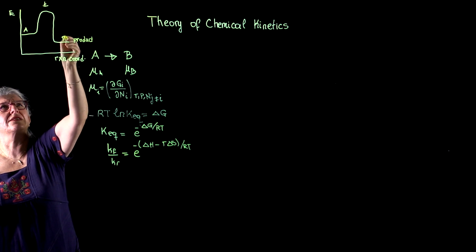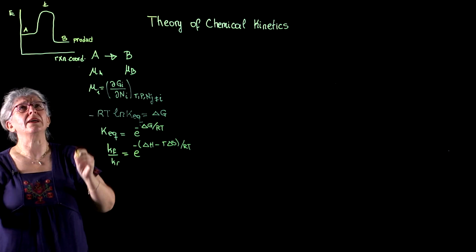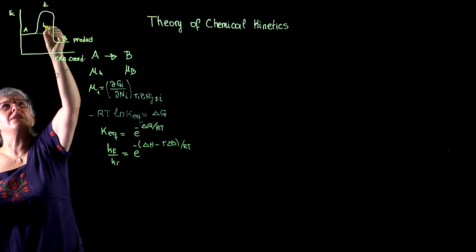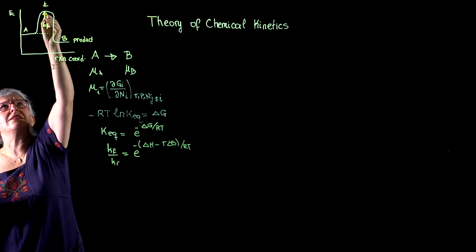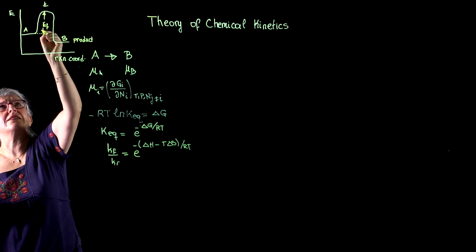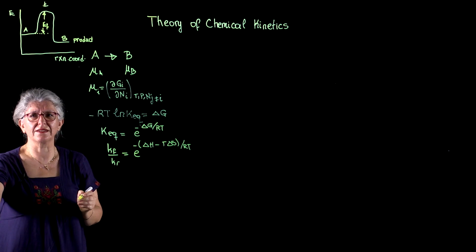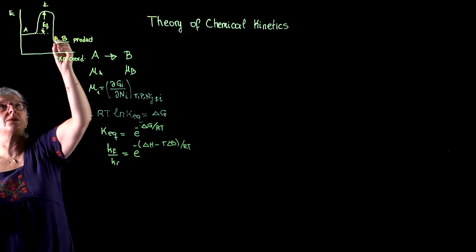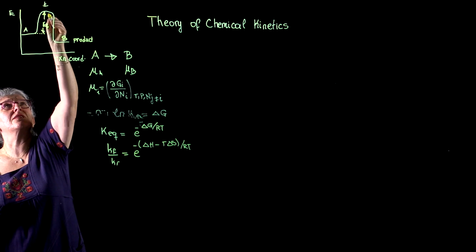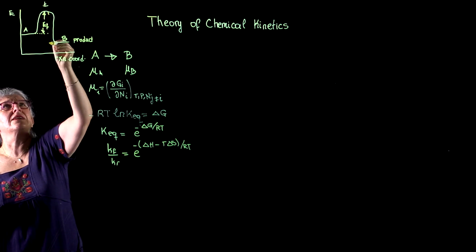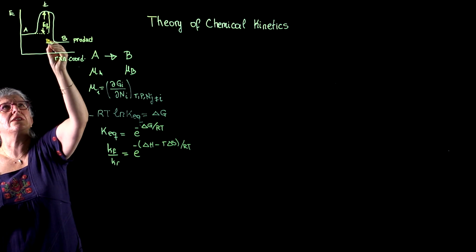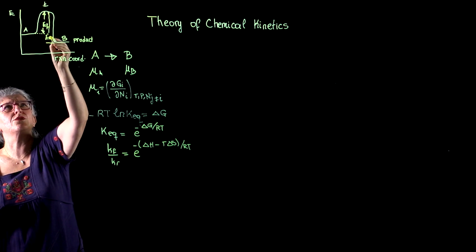In this case, we have B, and the difference between the transition state and the reactant is the activation energy of the forward step, while the difference between the transition state and the product B is the activation energy of the reverse step.